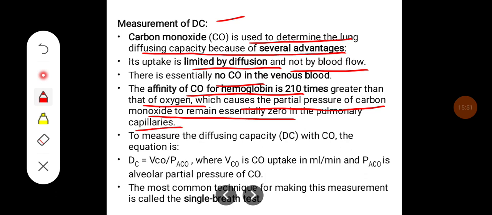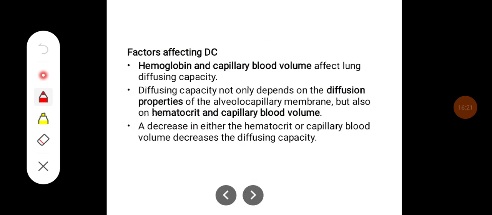To measure the diffusing capacity with carbon monoxide, the equation is: diffusing capacity equals VCO divided by PACO, where VCO is the carbon monoxide uptake in ml per minute and PACO is the alveolar partial pressure of carbon monoxide. The most common technique for making this measurement is called the single breath test.